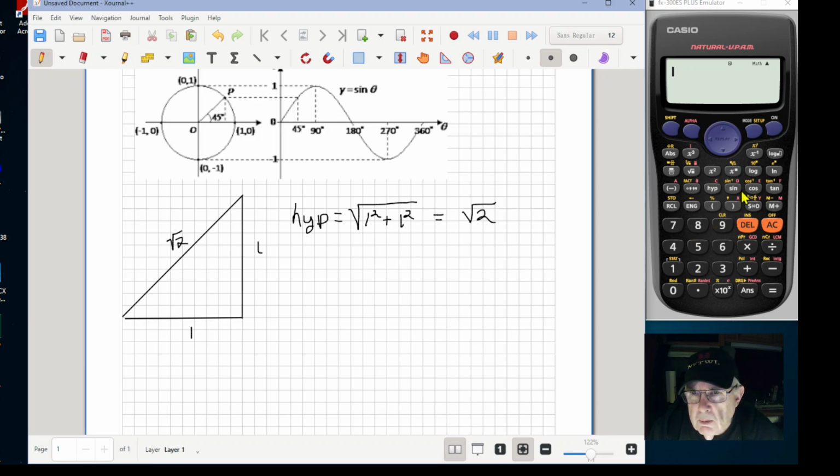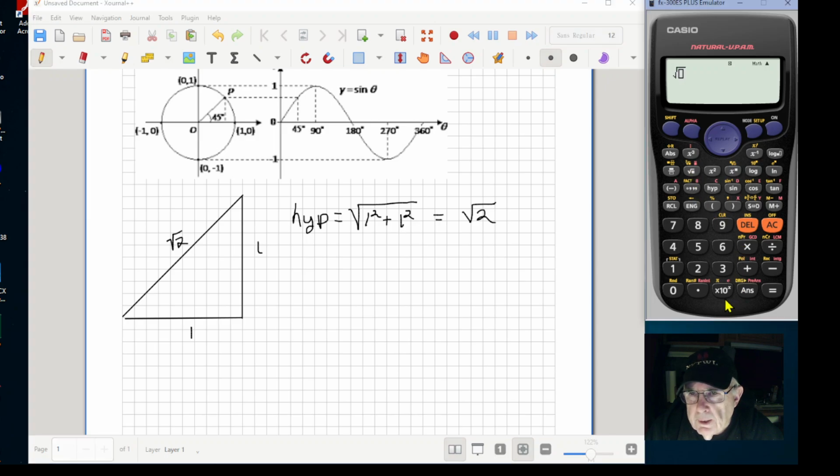If we do the square root of 2 on the calculator here, it is an irrational number, and I believe it's a non-repeating decimal number. Anyway, let's convert it to a decimal.